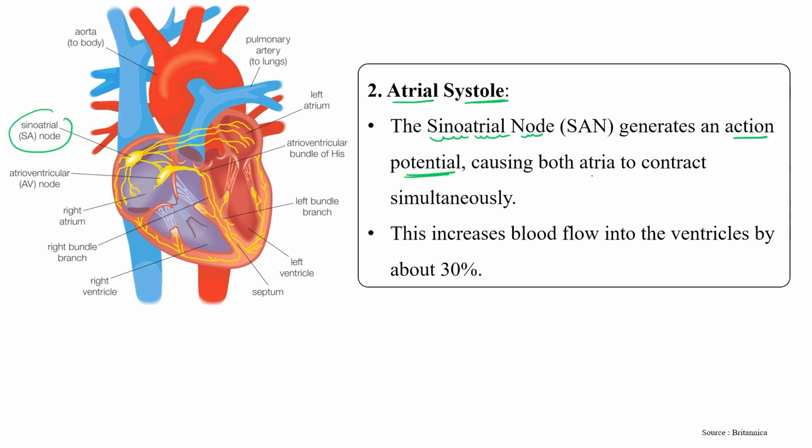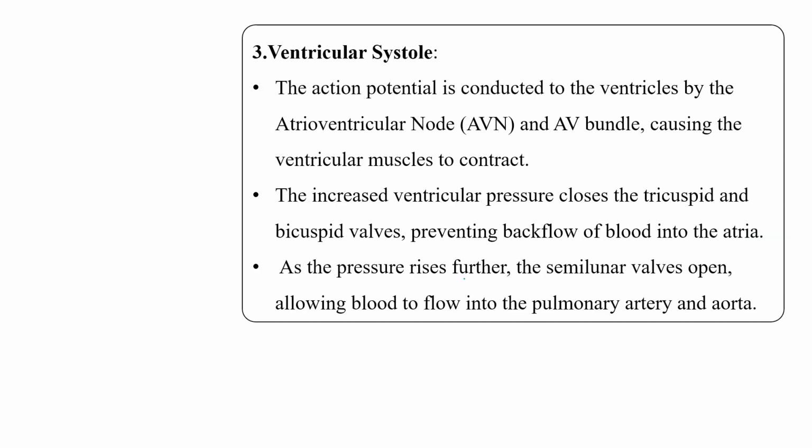It will cause the atria to contract simultaneously, that's why it is atrial systole, right? And this increases blood flow into the ventricular side. When the atria contract, the tricuspid valve immediately opens up and blood comes from the atria to the ventricular side. This will increase blood flow into the ventricle by about 30%.